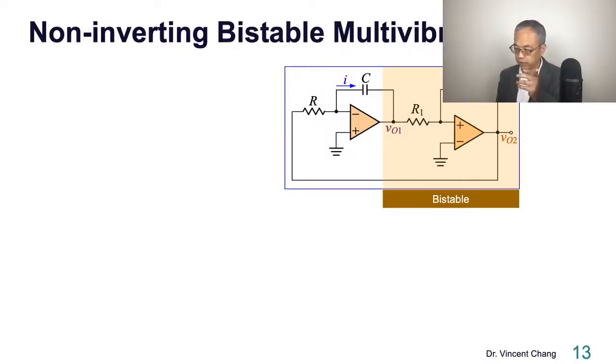It seems easy, but actually it's a little bit challenging. If you didn't get this right, or don't know how to get this, I think it's normal for a beginner. First of all, you've got to be very familiar with the non-inverting bistable multivibrator.